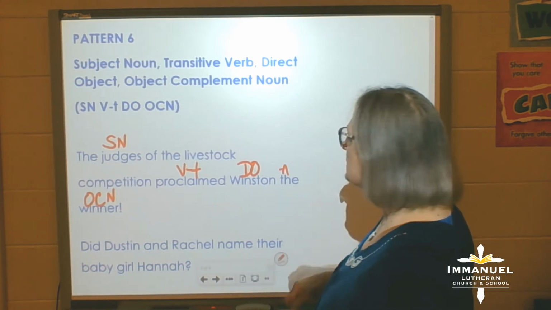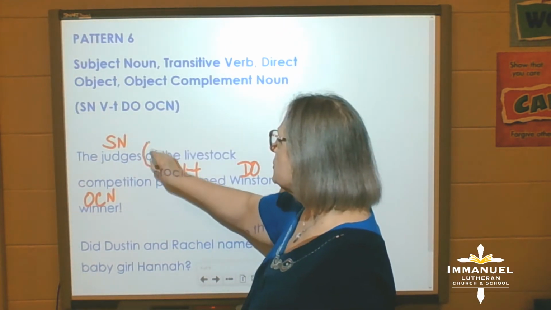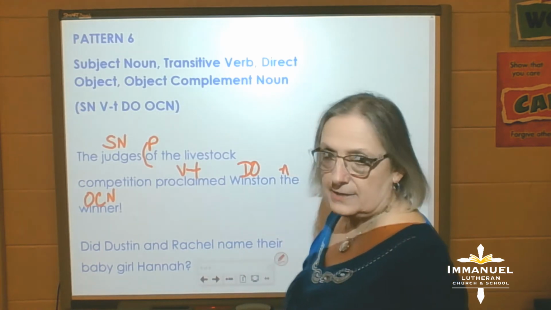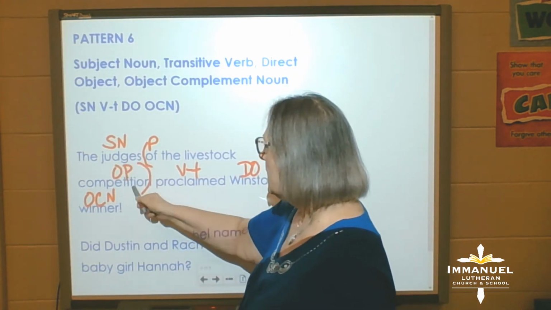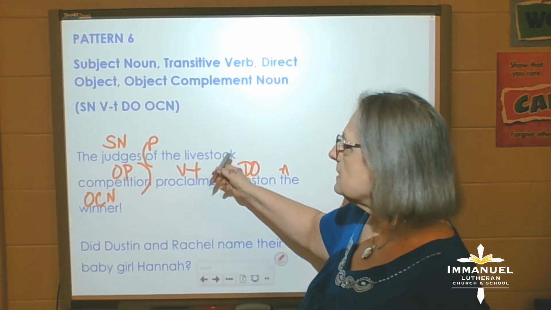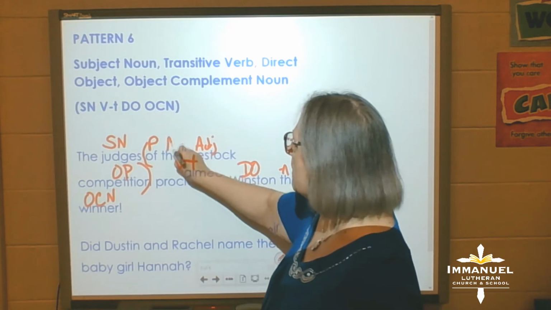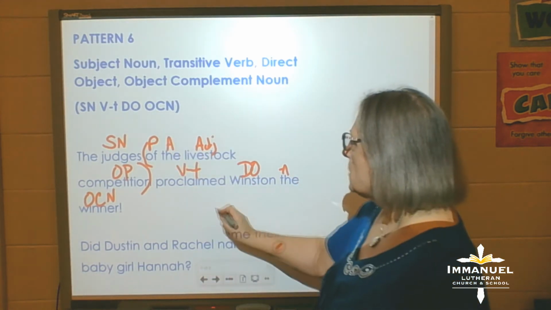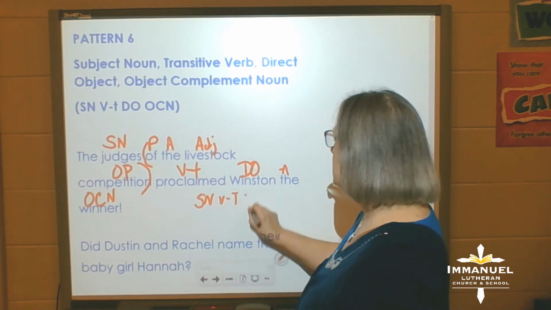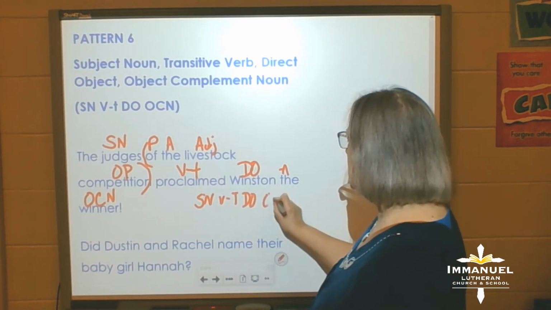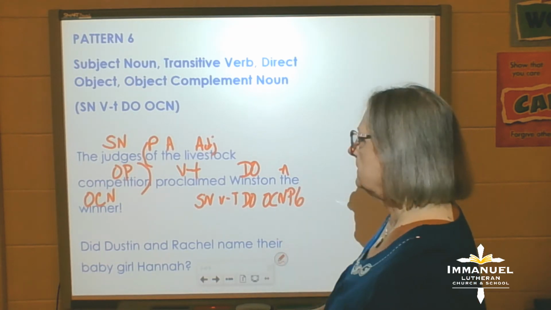It means a noun was coming. Of is a preposition. Of what? Competition, object of a preposition. What kind of competition? Livestock, adjective. The article, adjective. So we have subject noun, verb transitive, direct object, object complement noun, pattern 6.